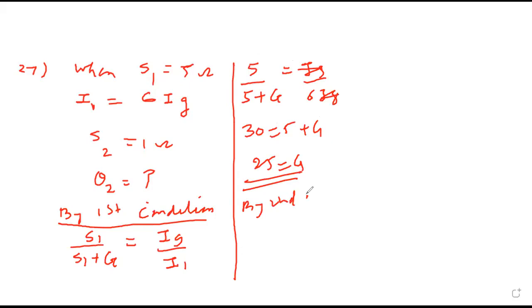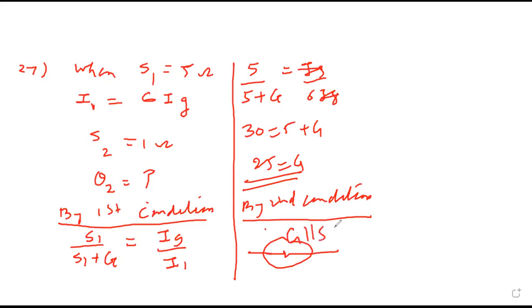By second condition, G is further shunted. That means if I call G in parallel with the original S1, G dash, this is further shunted with S2. That is the meaning.